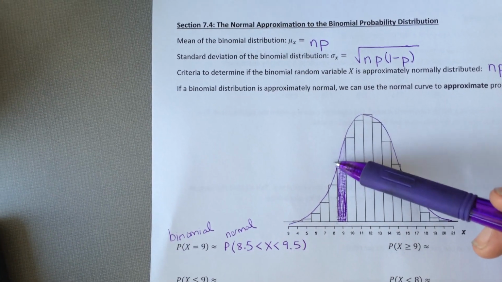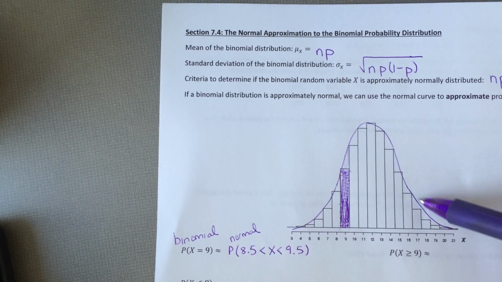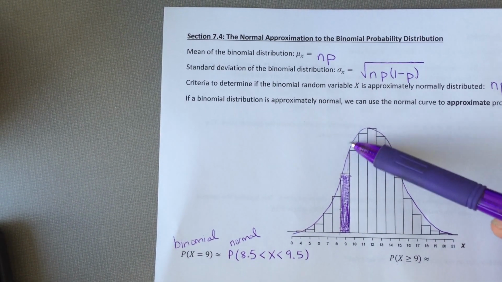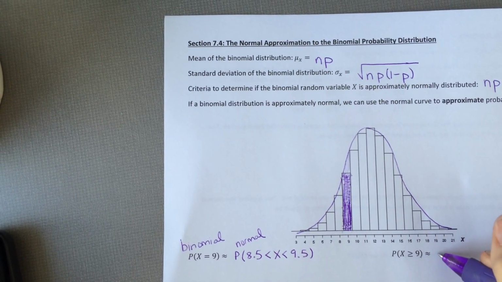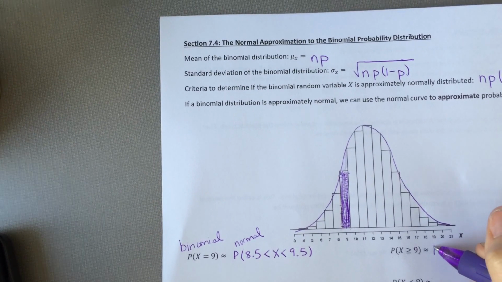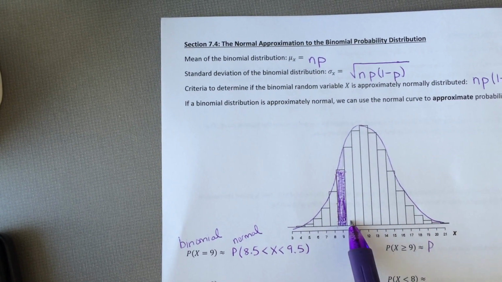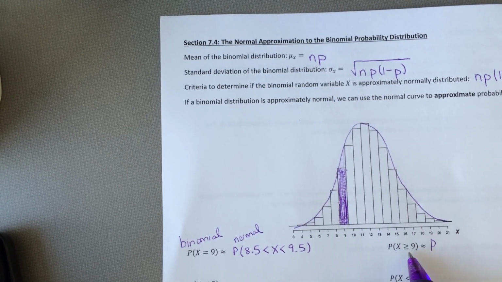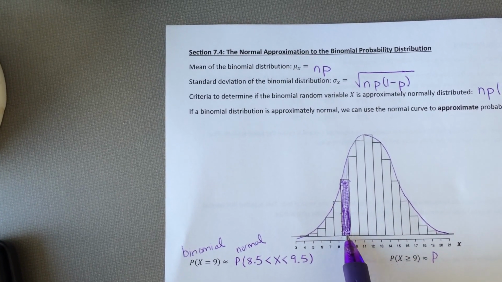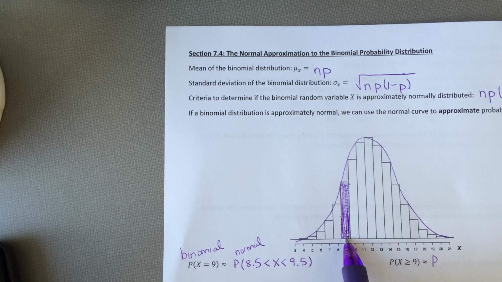So back in the day, they said, well, let's approximate this with the normal curve, and then we can use our charts in the back of the book, and that would be much easier. If we're approximating using the normal curve, it would be all of these rectangles, and the 9 rectangle is also included.